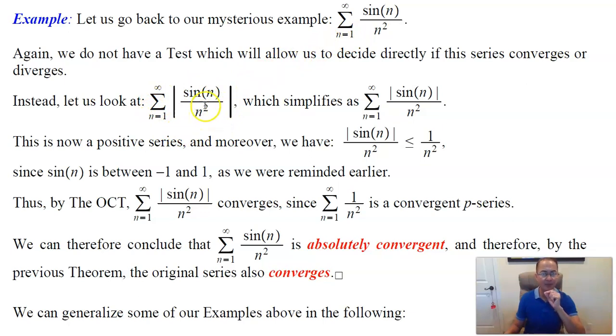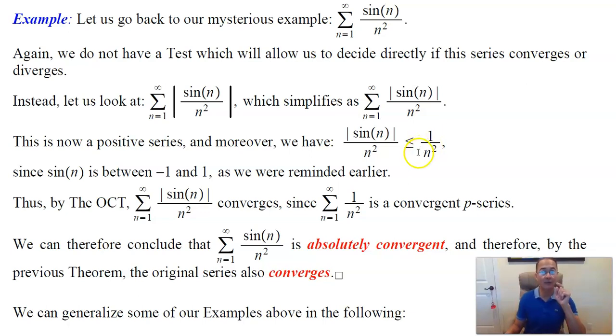When you simplify the absolute value here, in our earlier examples, we had minus 1 to the n. That simply went away. Sine of n does not go away, because it doesn't have to be 1. However, we do know that the absolute value of sine n is less than or equal to 1. So the terms of our series with absolute values are less than or equal to the terms of a convergent p-series, because 2 is bigger than 1.